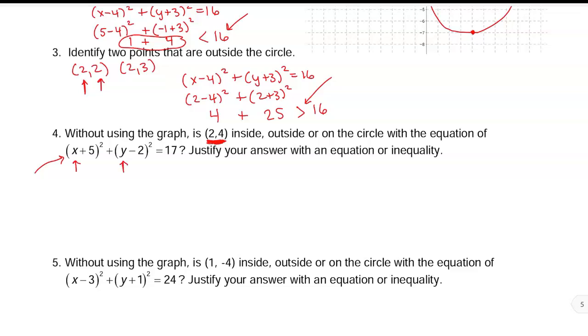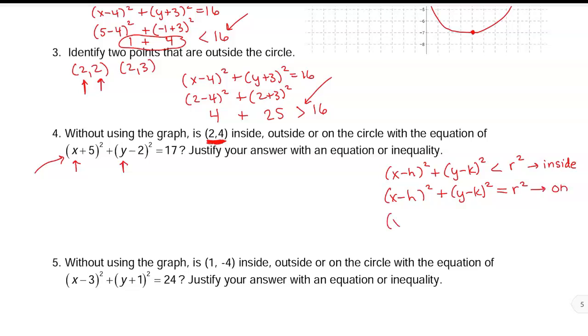If you get (x - h)² + (y - k)² less than the radius squared, it is inside the circle. If you get (x - h)² + (y - k)² equal to r², then it is on the circle. It's part of the circle. And then, of course, the last option would be if you get greater than r², then it would be outside the circle.